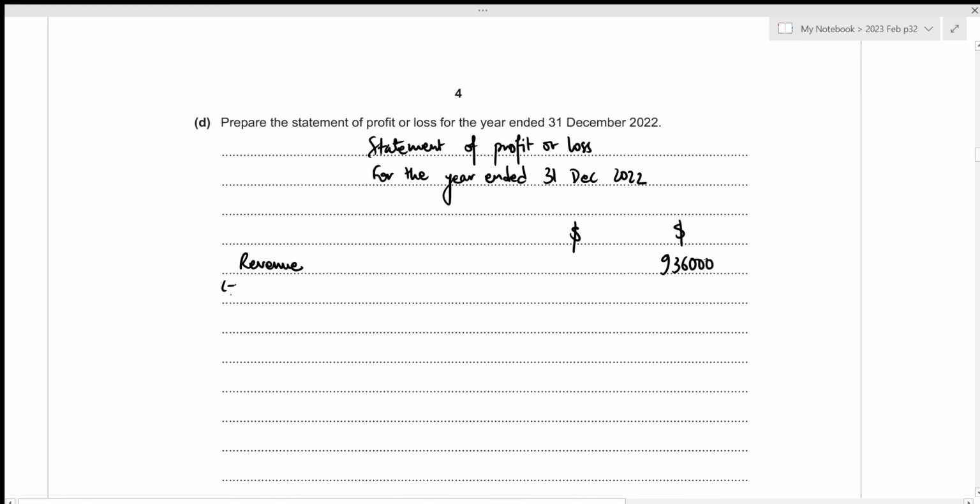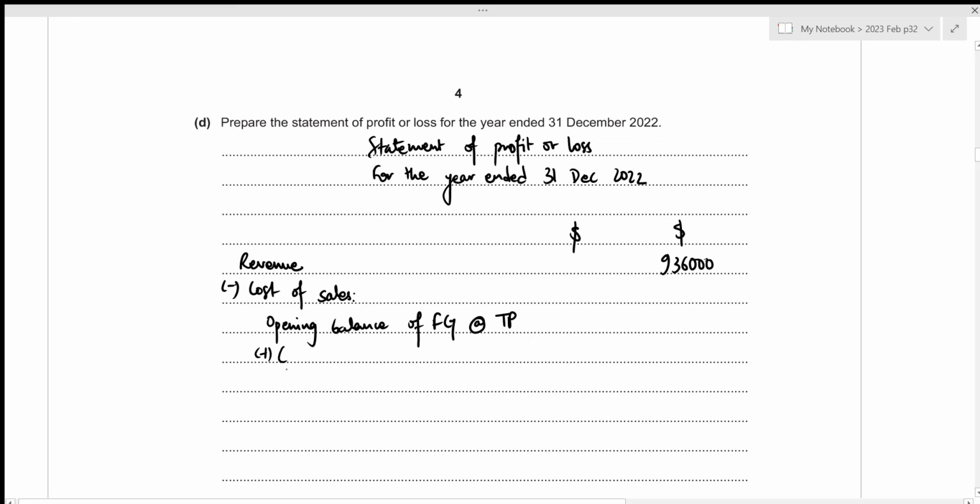Then the next step would be to subtract our cost of sales. Okay, so the first item to be included in the cost of sales would be our opening balance of finished goods at transfer price. Then we will add our goods at transfer value, because in this case we have a manufacturing business, right?